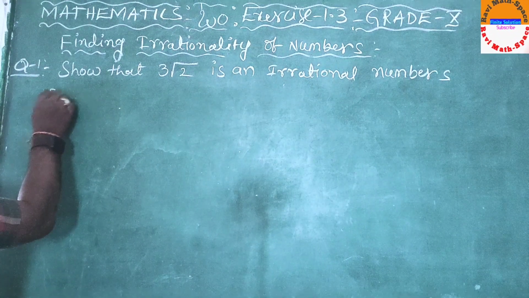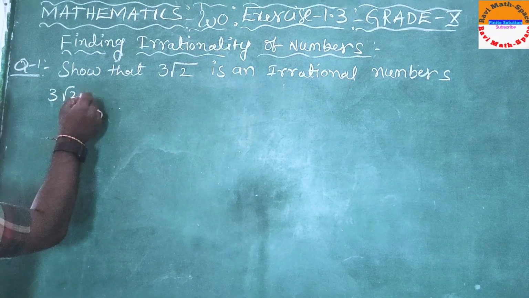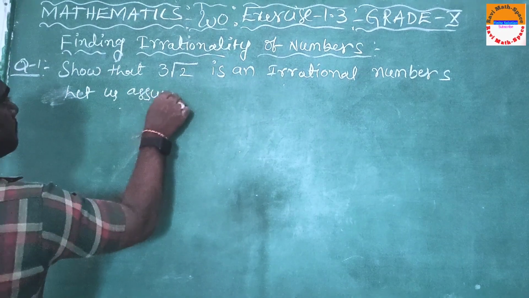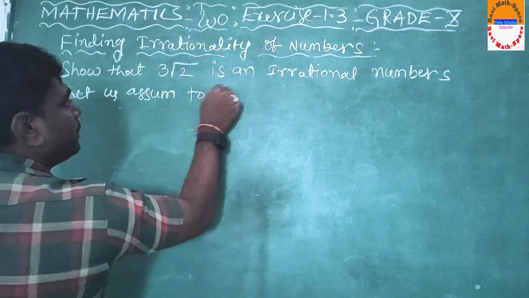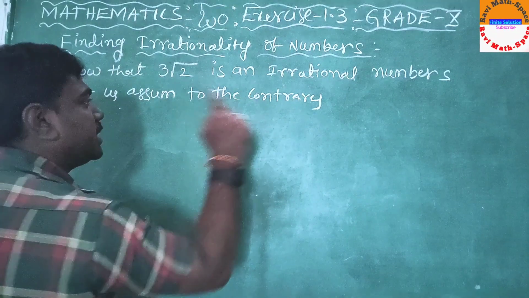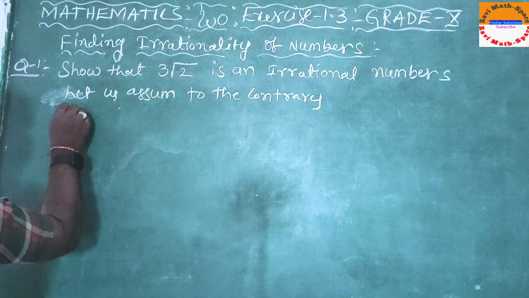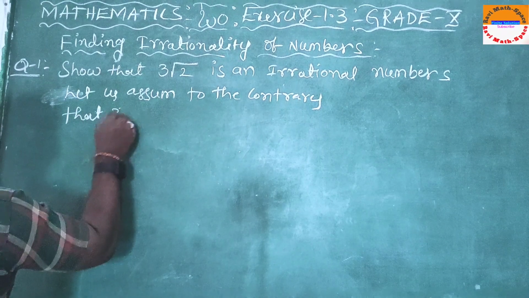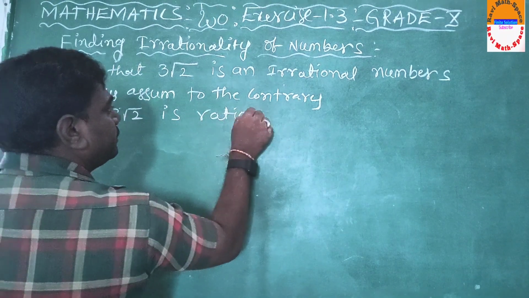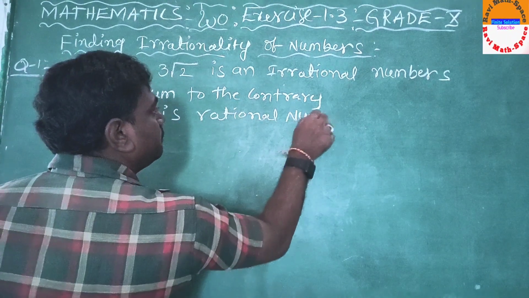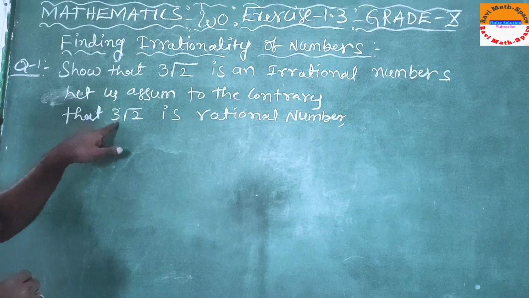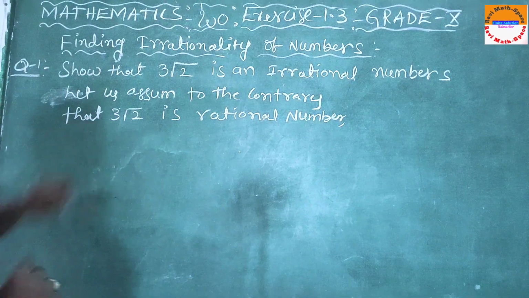Now let's write here. Let us assume to the contrary, meaning we are taking the opposite. Let us assume to the contrary that 3 root 2 is a rational number. Then, since it is a rational number, it should be in the form p by q.